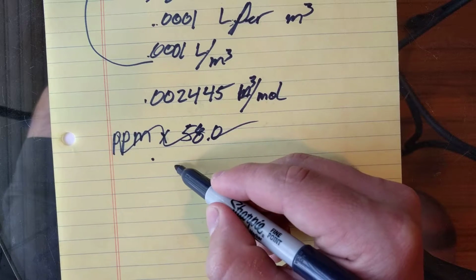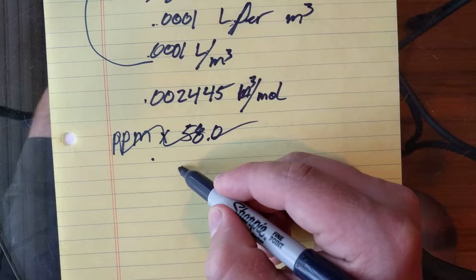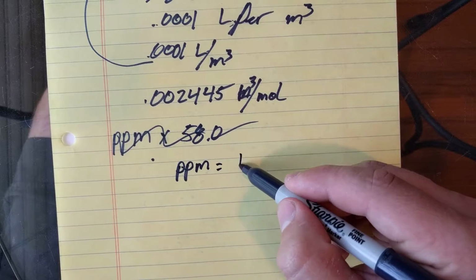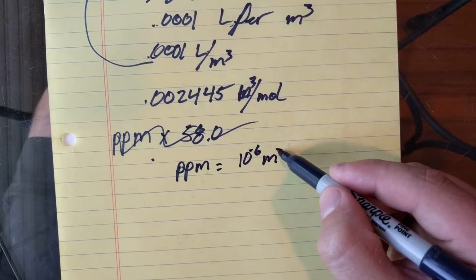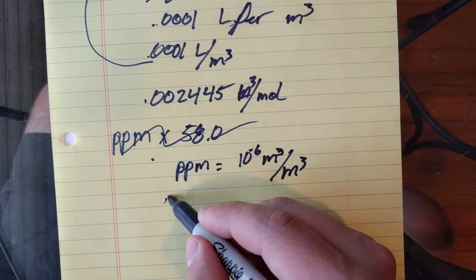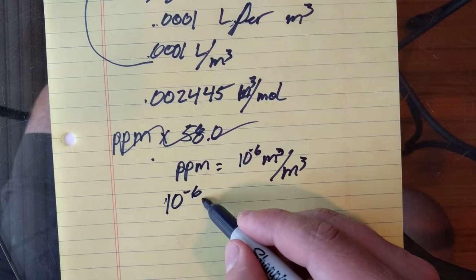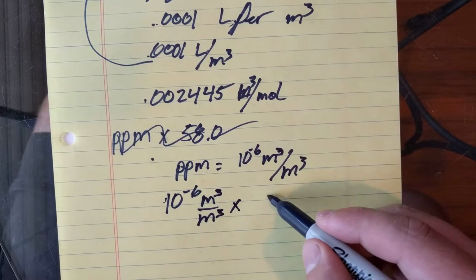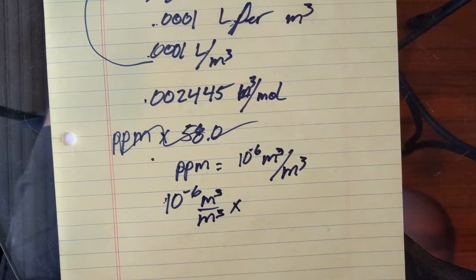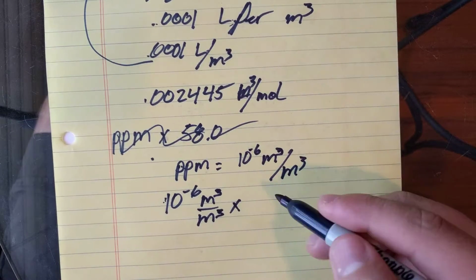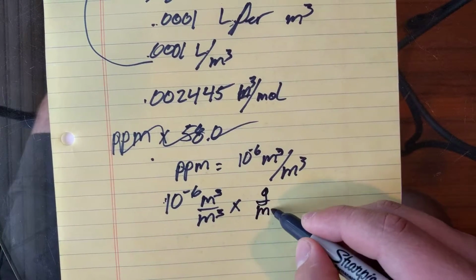And what that says is your parts per million will have units of 10 to the negative 6 meters cubed divided by meters cubed, times your molecular weight, which has units of grams per mole, okay?